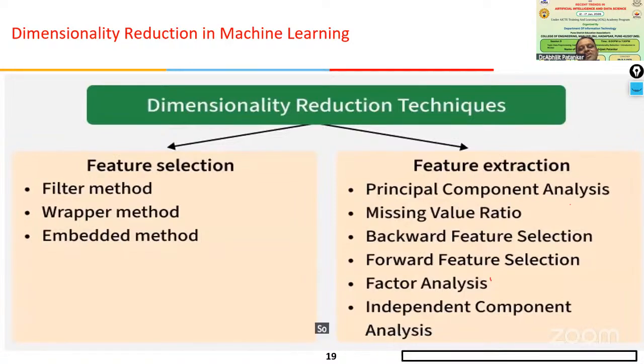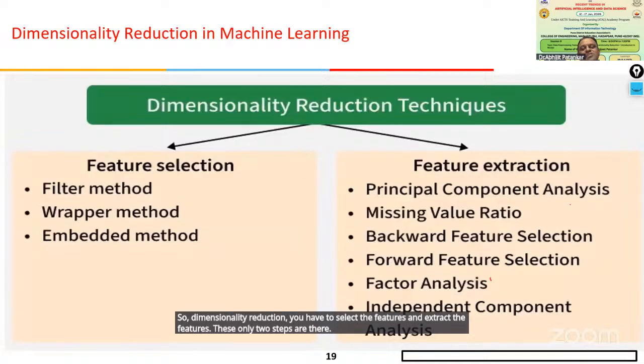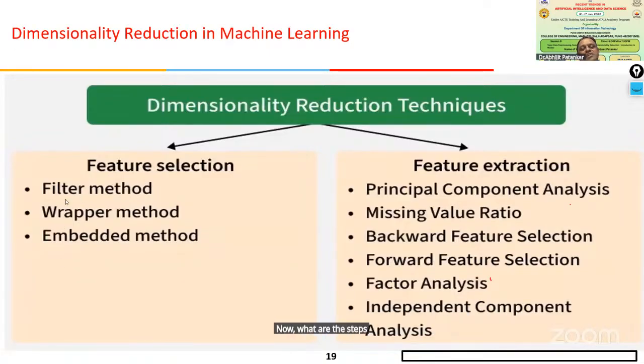So for dimensionality reduction, you have to select the features and extract the features. Only these 2 steps are there. Now, what are the steps in feature selection? You have to apply the filter method, wrapper method, or embedded method. Either you wrap the data, you embed the data, or you filter the data. These are the three methods you can use in dimensionality reduction.